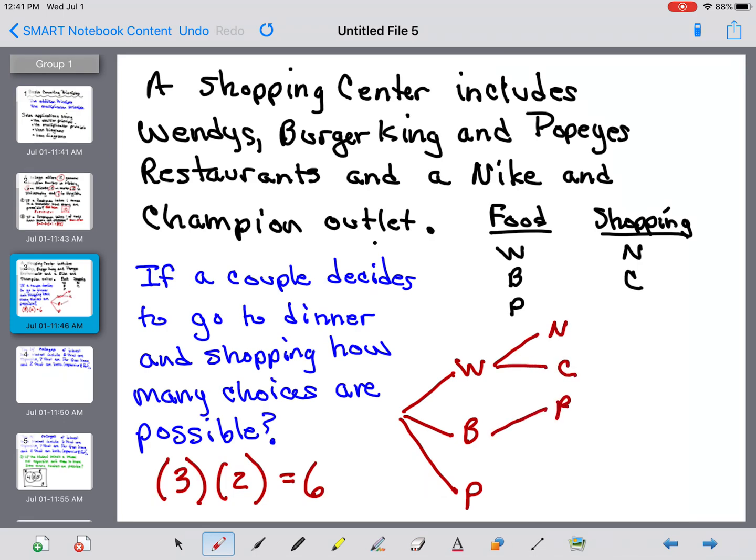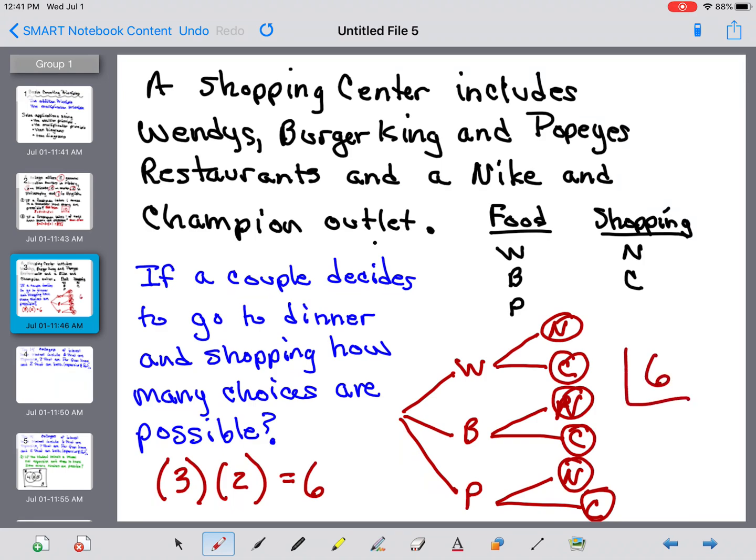If you went to Burger King, you could decide to go to Nike or the Champion outlet, and same thing if you went to Popeyes. Looking at the last branch of the tree, there are 1, 2, 3, 4, 5, 6 ends to those branches. So there are 6 possibilities, the same thing we got with the multiplication principle.